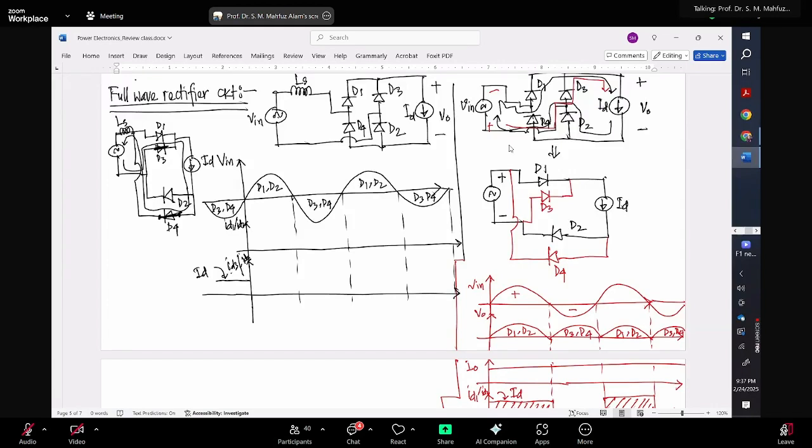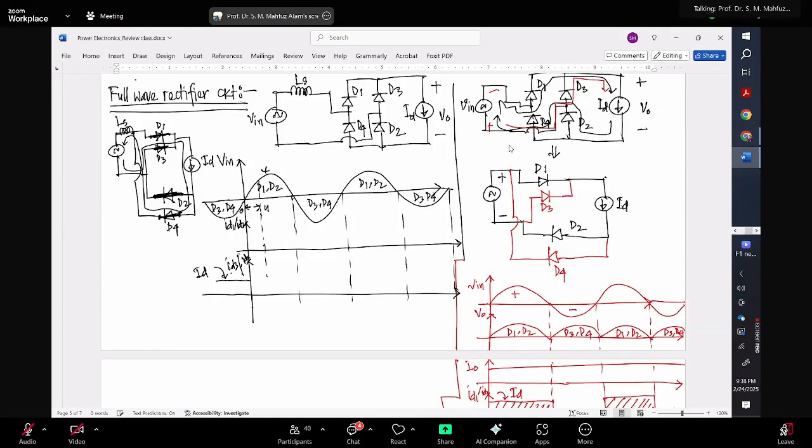So now, as soon as the positive portion of the waveform comes, what will happen? The diodes D1 and D2 will start operating. They will be short circuited like this. But since you have an inductance here, the inductance will not allow D1 and D2 to have the entire jump as we did for the half wave rectifier case. So if I consider my delay angle here, this is from 0 to u.